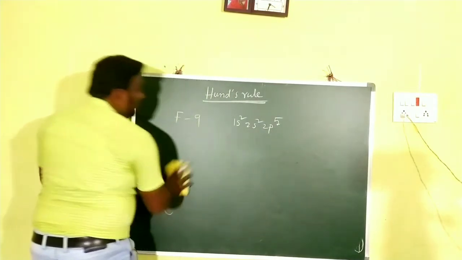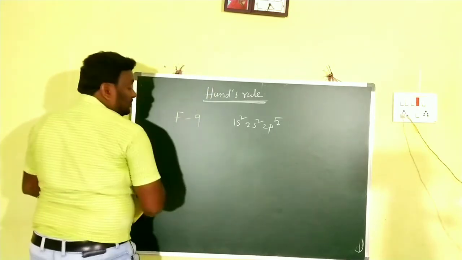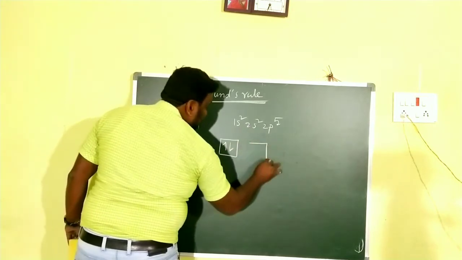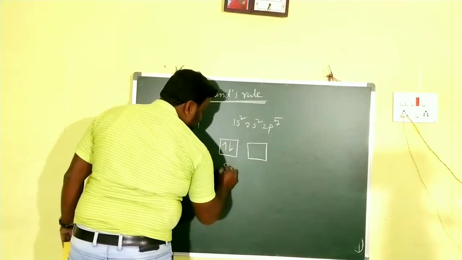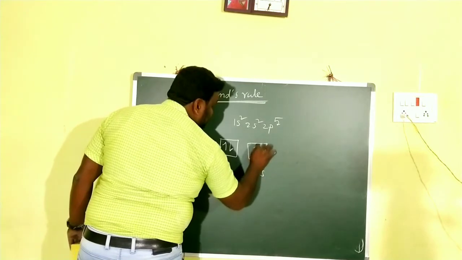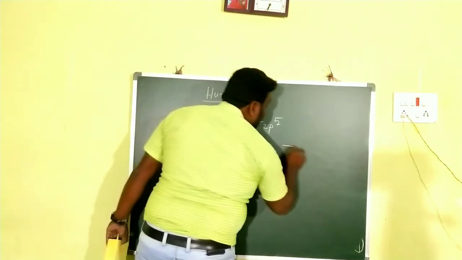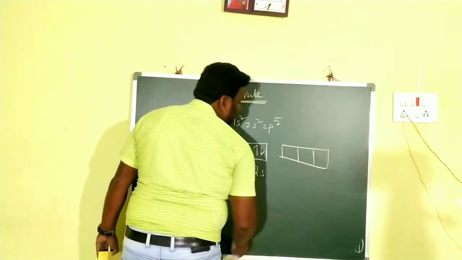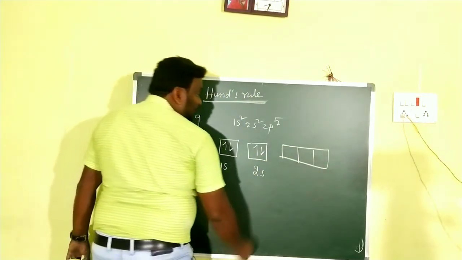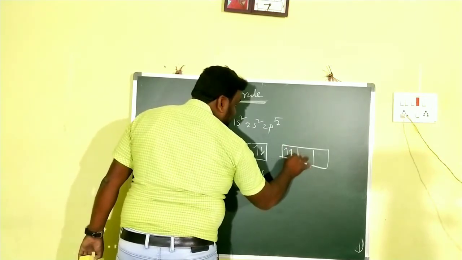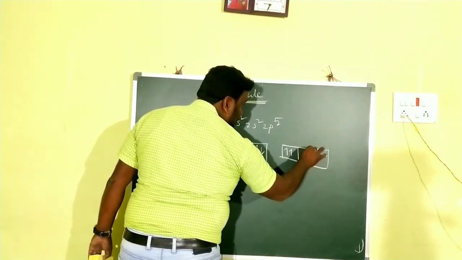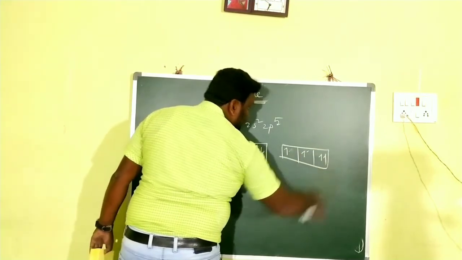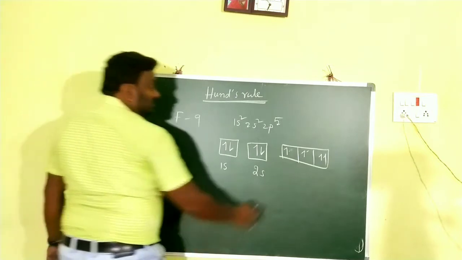From the examination point of view, they give it like this: 1s2, and the distribution of electrons like this. This is 1s and this is 2s. And p consists of how many degenerate orbitals? 3: 1, 2, 3. So they give it like this.